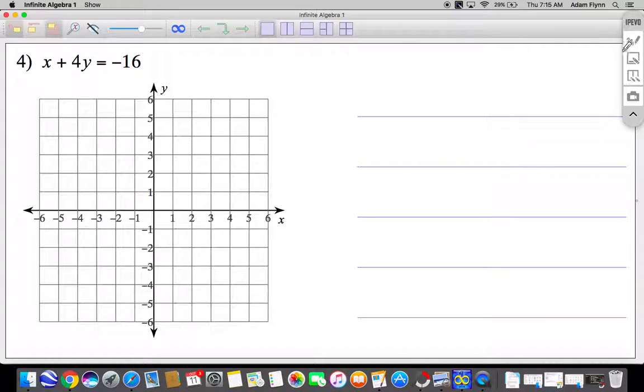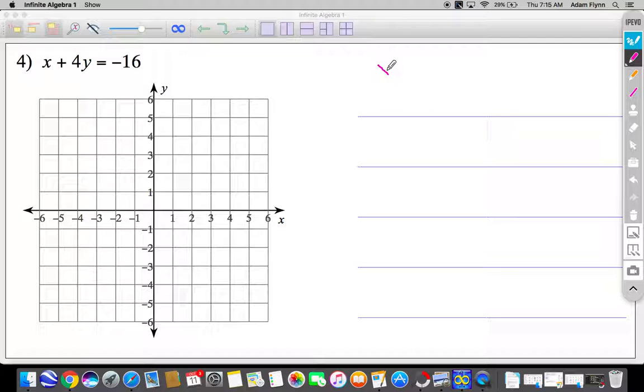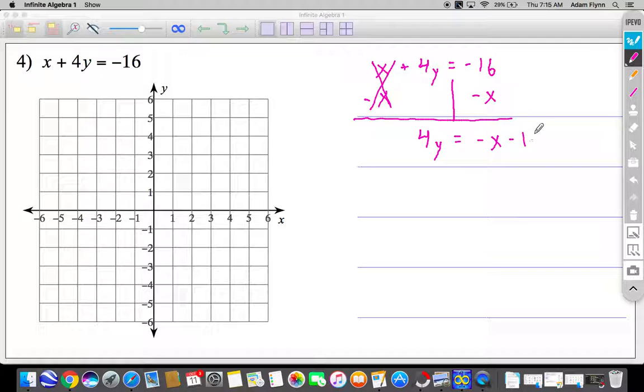Number 4, x plus 4y equals negative 16. So I'll subtract x from both sides. And when I do that, x minus x cancels. I'm left with 4y equals negative x minus 16.